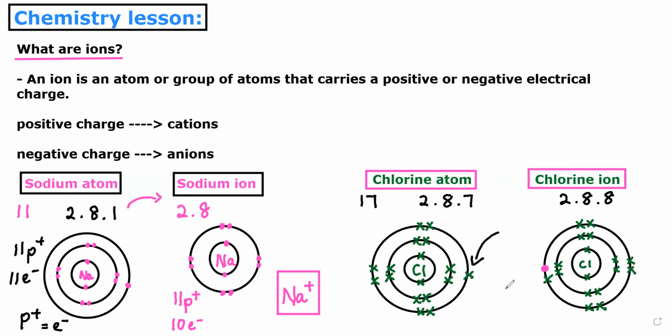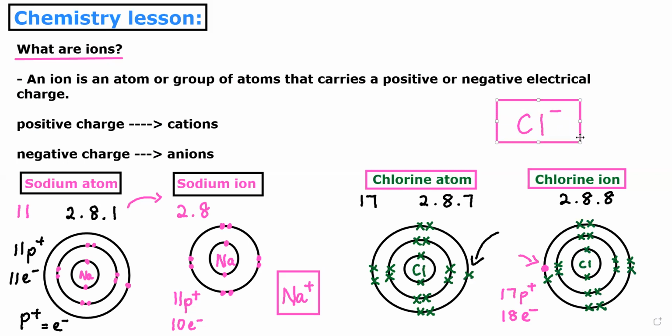Protons were the same, 17 protons, and there are 18 electrons now because it has gained 1. Because of this 1 more electron, what charge does it carry? It carries a charge of -1. 1 is obvious, so usually we write minus only.